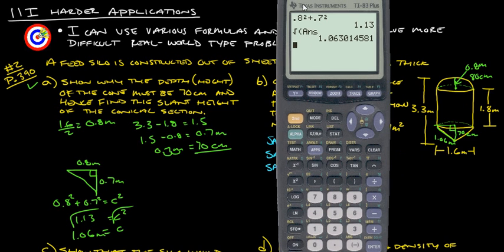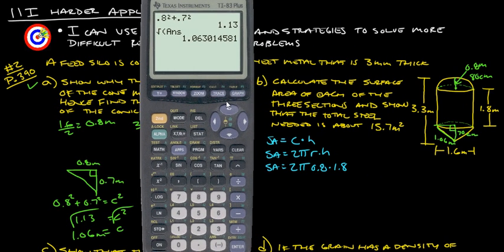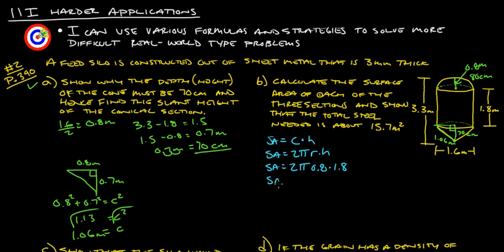So bring out our handy dandy calculator again, and let's see what we get. 2 times pi times 0.8 times 1.8 gives us 9.05, and this is all in meters squared, so that's just for this part of the can.